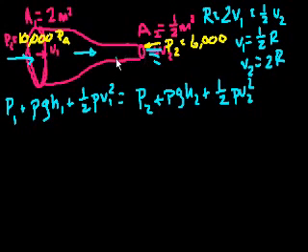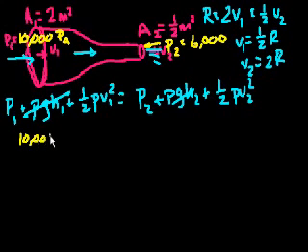Well, this pipe is level, right? The height at either end is the same. So h1 is going to be equal to h2, so these two terms are equal, and we can subtract that value from both sides. And what's P1? P1 is 10,000 pascals, so let's start substituting numbers.